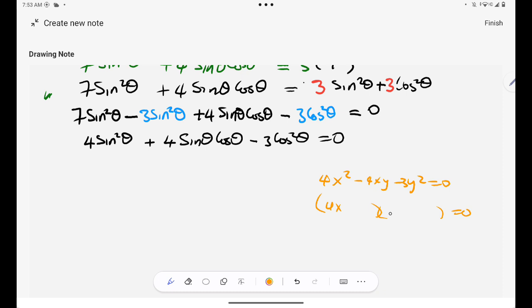Just say 2x, we have y here, and 3y, I have a minus and plus. The same logic applies whenever you factorize.